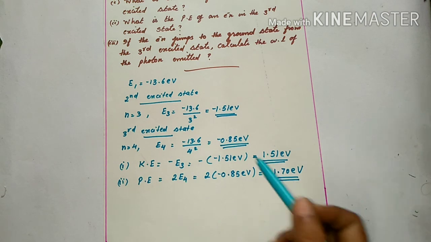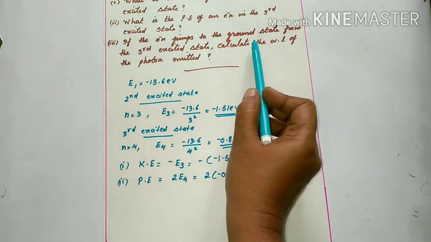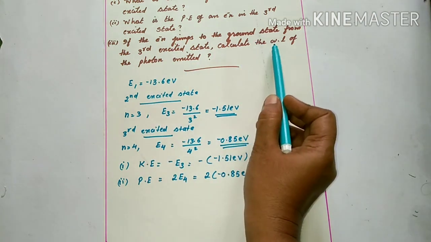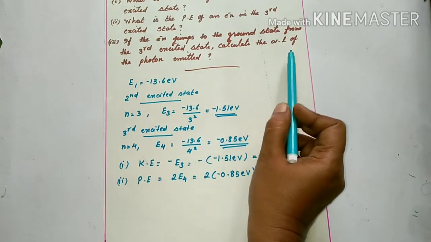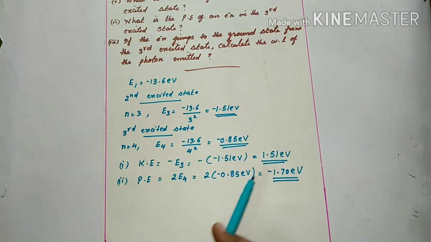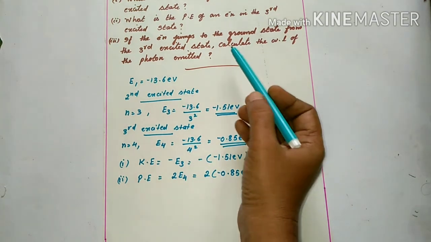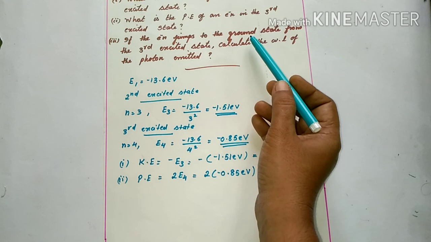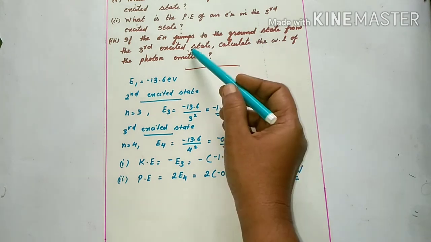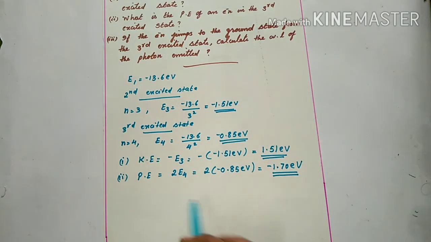Then the third part of the question, if the electron jumps to the ground state from the third excited state, calculate the wavelength of the photon emitted. So you want to find out the energy when it jumps from the third excited state to the ground state.